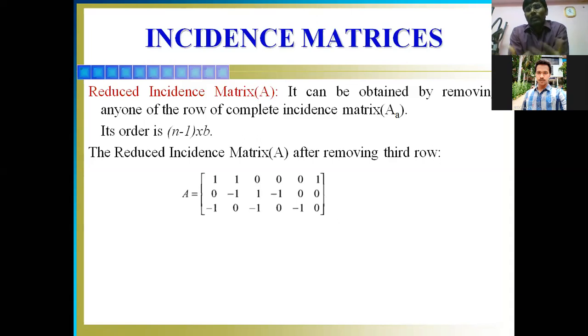So here the previous matrix is called the complete incidence matrix. Now here it is called the reduced incidence matrix because we are reducing one row, any one of the rows, without sacrificing anything.